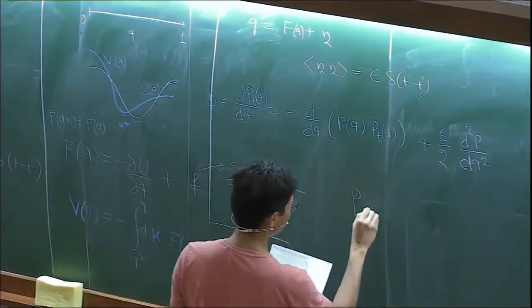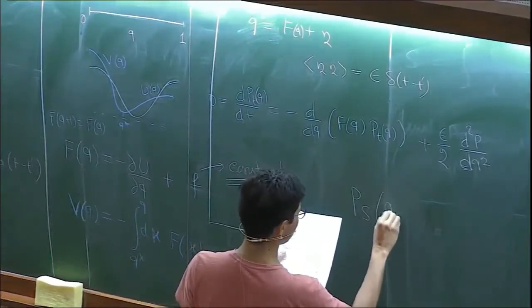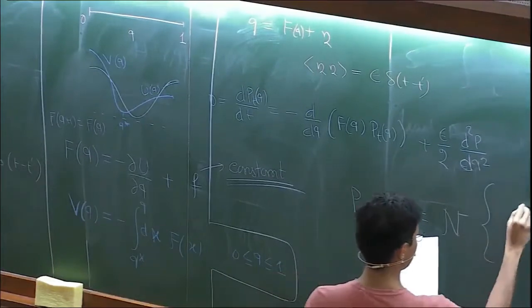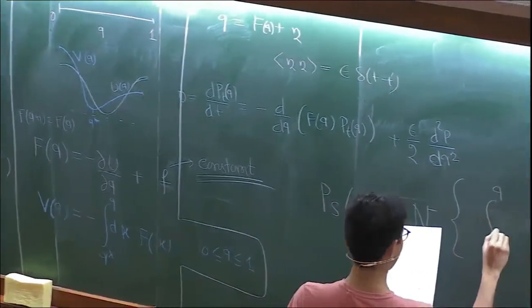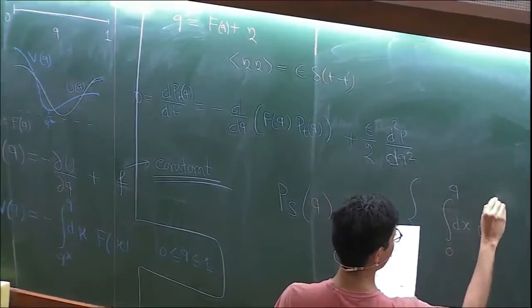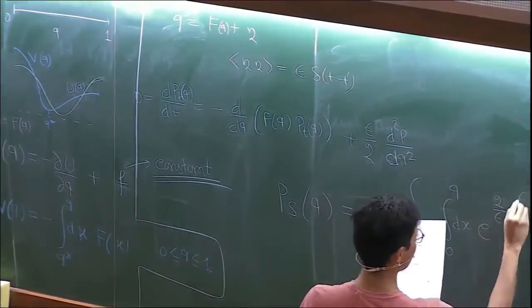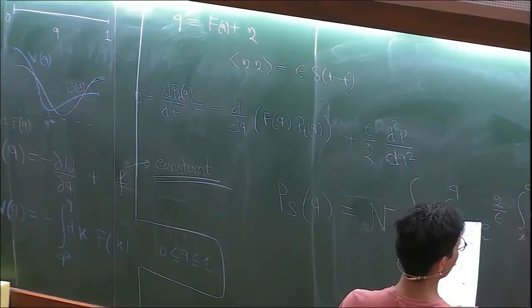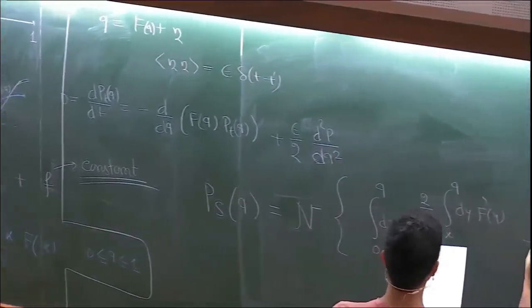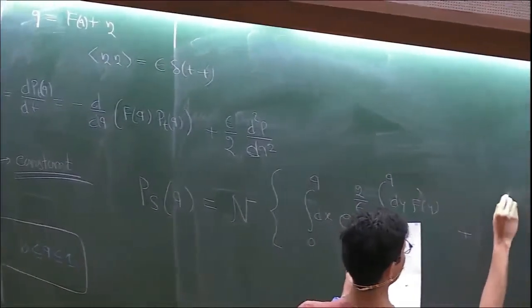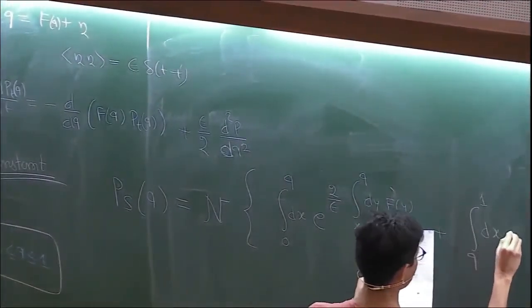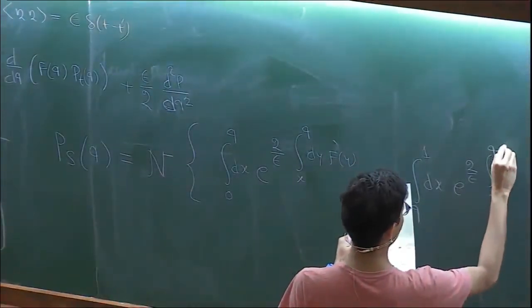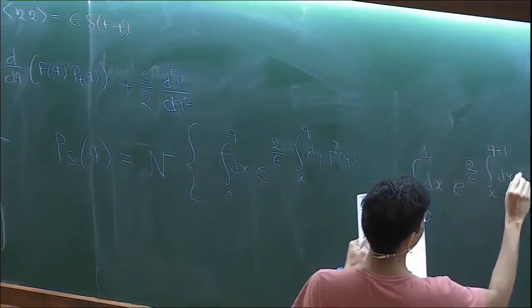So P in the stationary state, probability of q, there is a normalization. And then it goes from 0 to q dx e to the power twice by epsilon x to q dy f of y plus q to 1 dx twice by epsilon x to q plus 1 dy f of y.